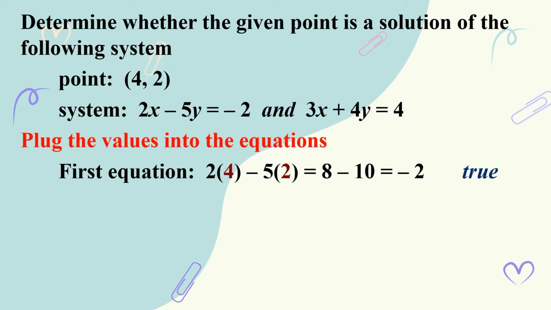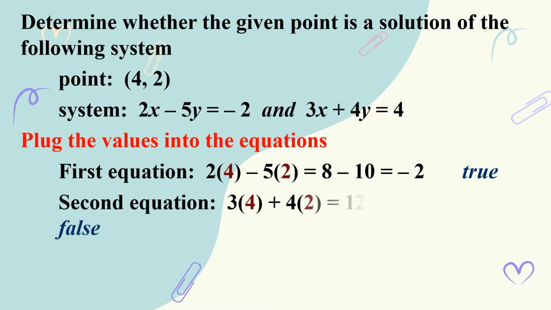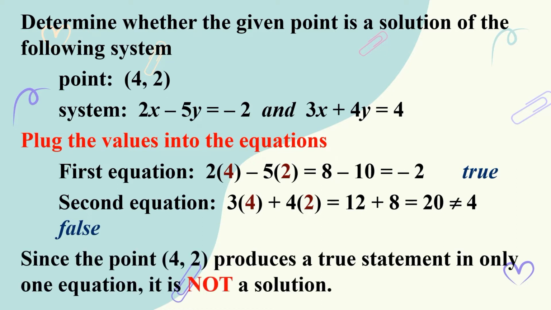Therefore, the point is true for the first equation. For the second equation, we have 3 times 4 plus 4 times 2 equals 12 plus 8 equals 20. In this case, 20 is not equal to 4, so the statement is false. Since the point (4, 2) produces a true statement in only one equation, it is not a solution.